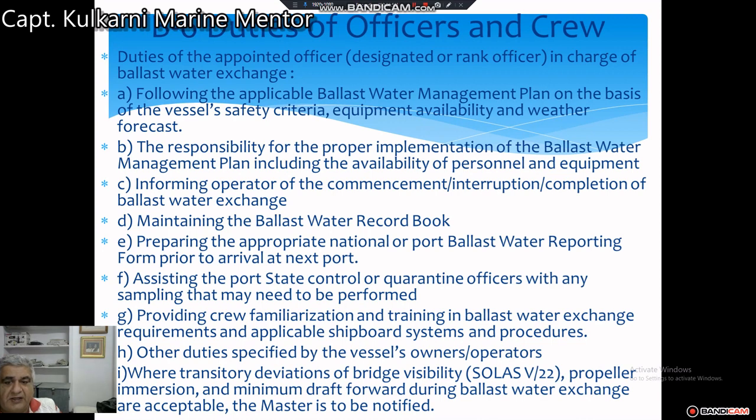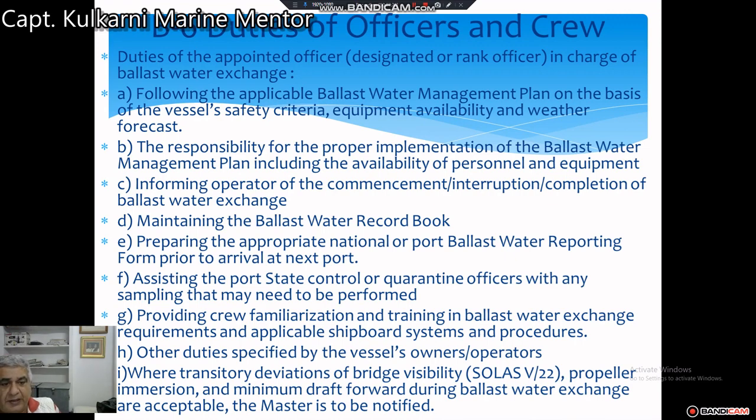Providing crew familiarization and training in ballast water exchange requirements and applicable shipboard systems and procedures. Familiarization is done mostly on ships with CBTs, computer based training, and also it should be ship specific. That is very important, whether it has been made ship specific or not, and all the points which are there in the ballast water management plan have to be shown.